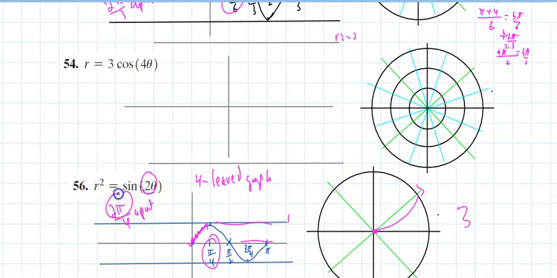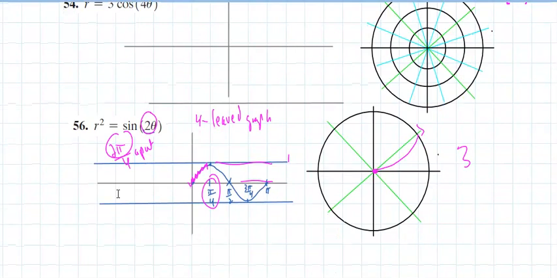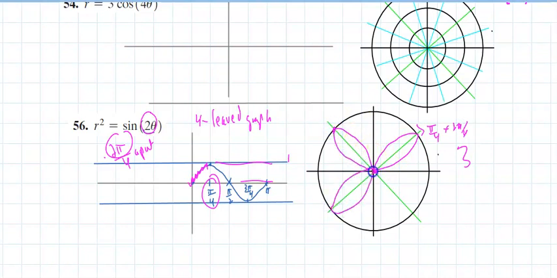Always 2 pi divided by the number of petals. Well, if this is pi over 4, and I add 2 pi over 4 to that, wouldn't that give me 3 pi over 4? That's the next petal. And another 2 pi over 4. And another 2 pi over 4. So the graph looks something like this.